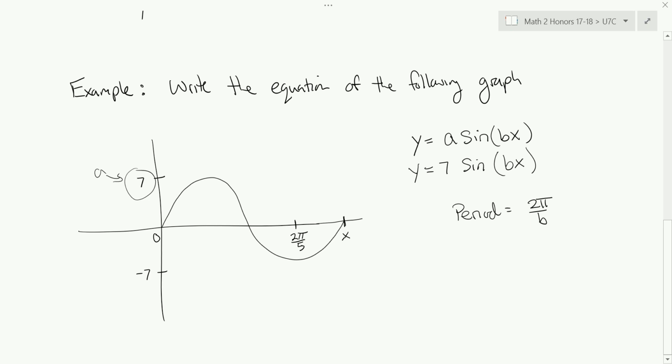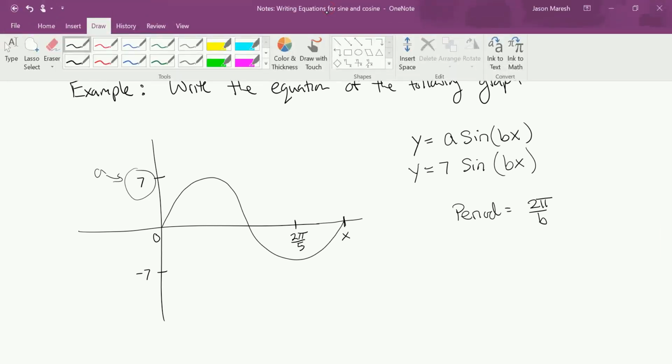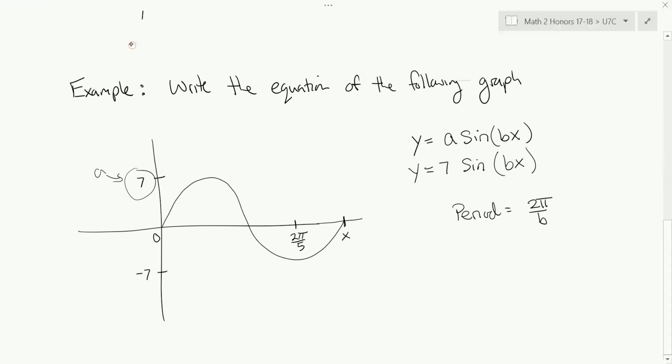And remember, when we're looking at the x-axis, the critical points are at the maximum, the x-intercept, the minimum, and the max, min, and x-intercepts, and it divvies this function into 4 equal parts, right? So the distance here is the same as this distance, same as this distance, and so on.